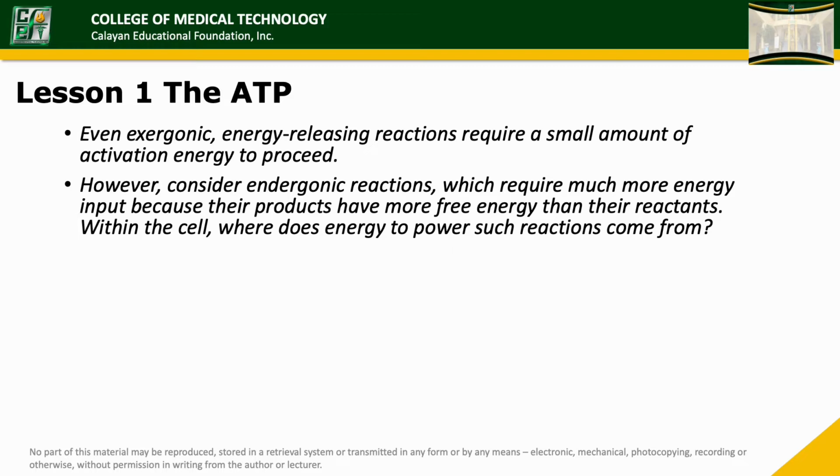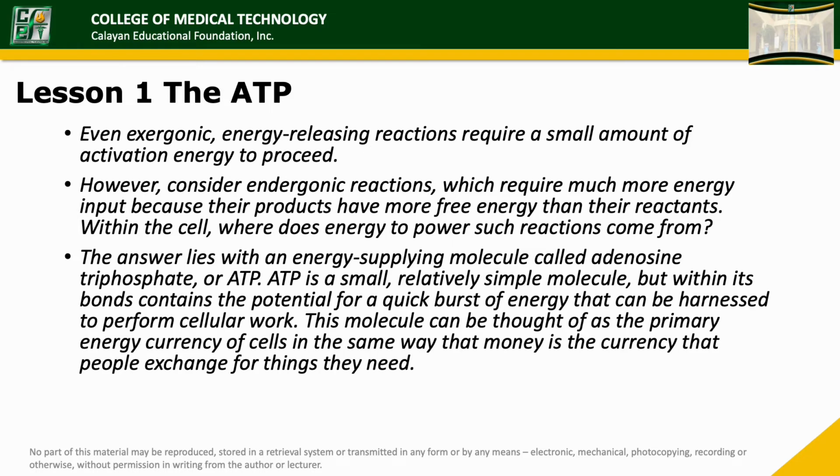Within the cell, where does the energy to power such reactions come from? The answer lies with the energy-supplying molecule called adenosine triphosphate, otherwise known as ATP. This ATP is a very small, relatively simple molecule, but within its bonds it contains the potential for a quick burst of energy that can be harnessed to perform cellular work.